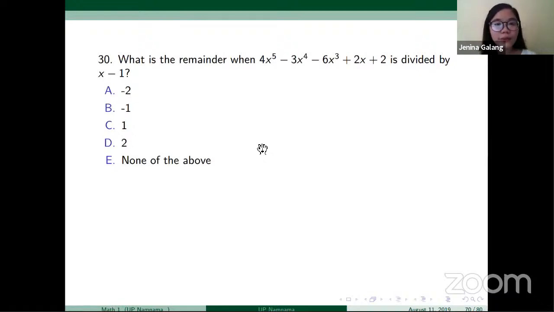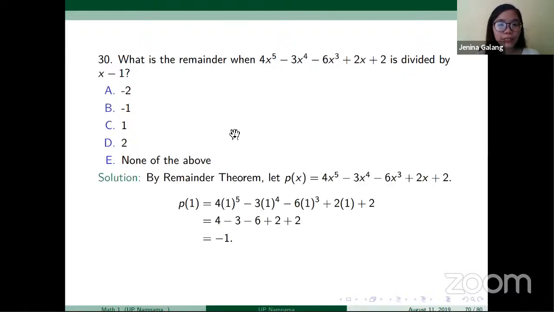Next, what is the remainder when this expression is divided by x minus 1? So, ang pwede nating gamitin dito is remainder theorem. Pwede naman kayo mag-synthetic division kung gusto nyong mapahaba, pero gamitin natin yung remainder theorem. So, let this be p of x. And yung c natin doon is 1.